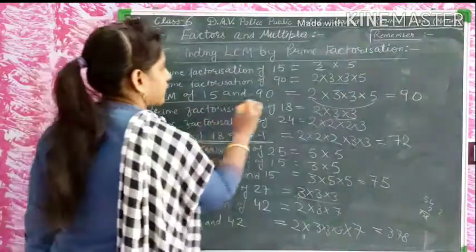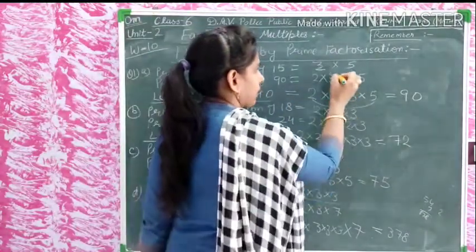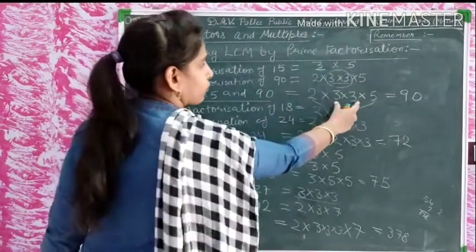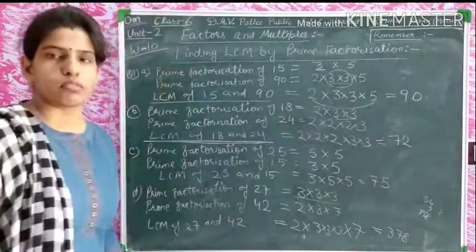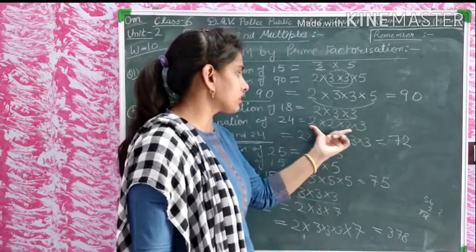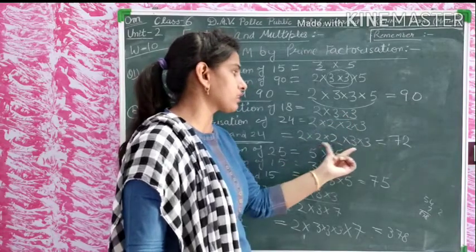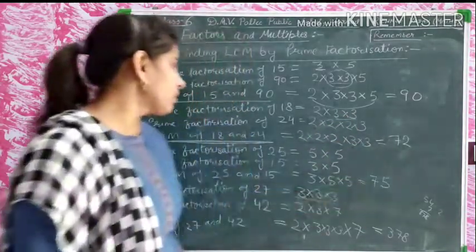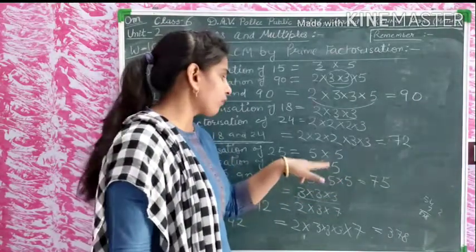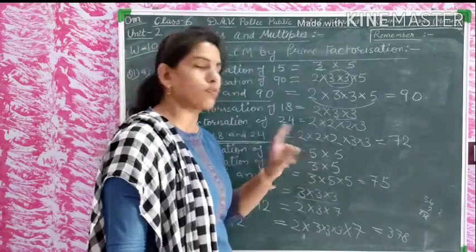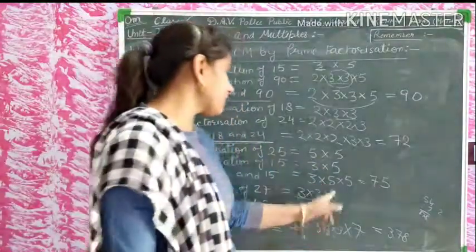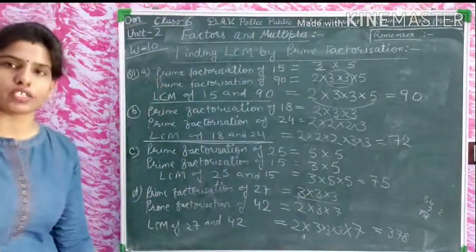Here the maximum is 2 times, so it is written 2 times. In the same way, 3 occurs 3 times, and in another 2 times, so 3 times is the maximum. 5 occurs a maximum of 2 times, so 5 is written 2 times, but 3 is written 1 time because it comes only 1 time. So its product is this, and we do all the prime factorizations of this question like this.